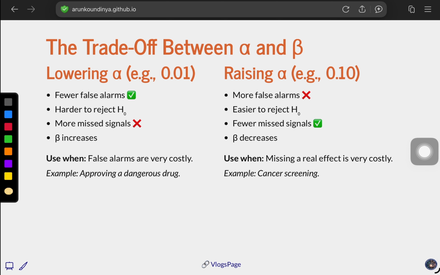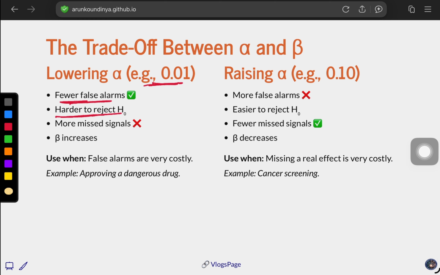So let's understand the trade-off between alpha and beta, maybe the trade-off between lowering alpha and raising alpha. Whenever we lower alpha, for sure there will be fewer false alarms, because we are tightening, we are giving very little chance to prove that our hypothesis can be true. So it becomes much harder to reject the null hypothesis.